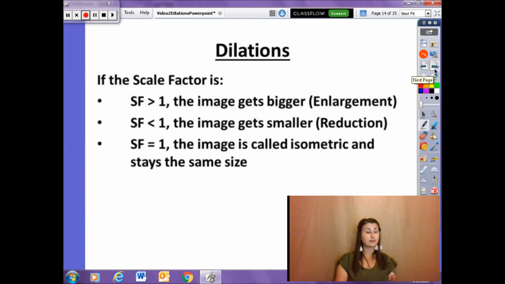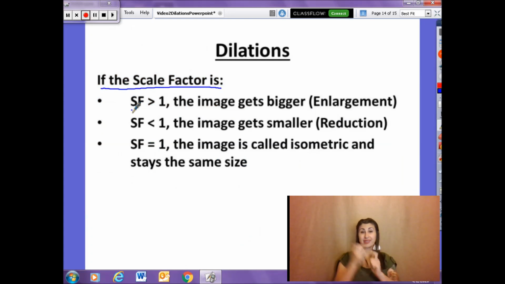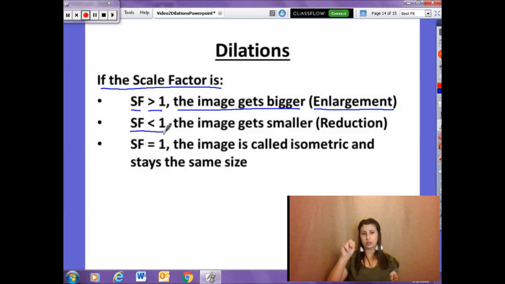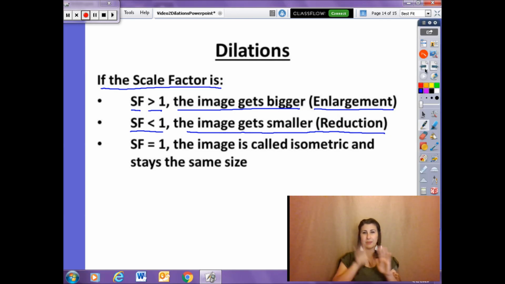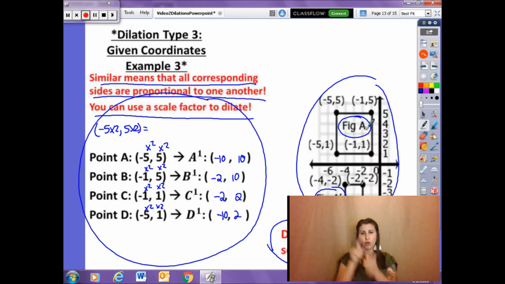All right, so dilations. If the scale factor is greater than 1, the image gets bigger. So that is called an enlargement. If the scale factor is less than 1, like 1/2, the image gets smaller. It's a reduction. That's what was happening right here.